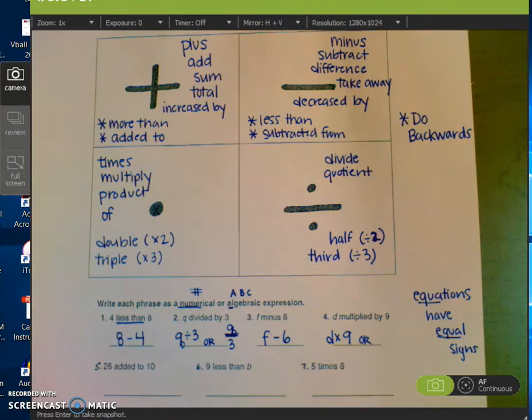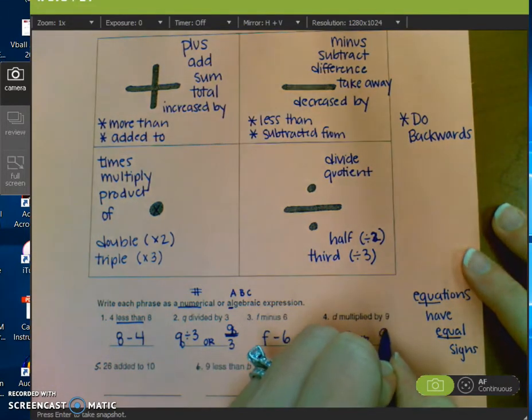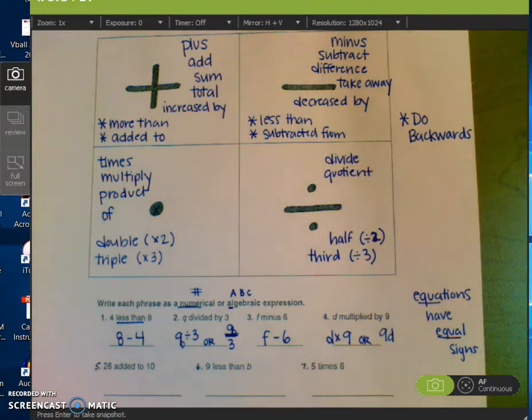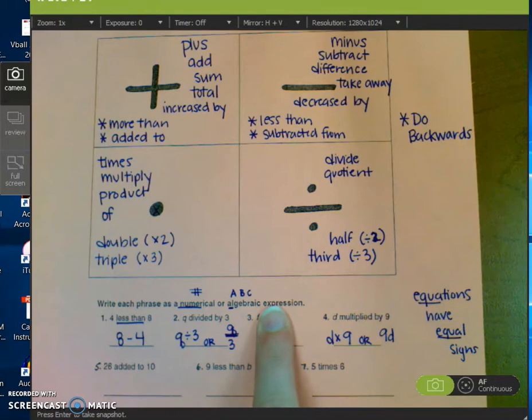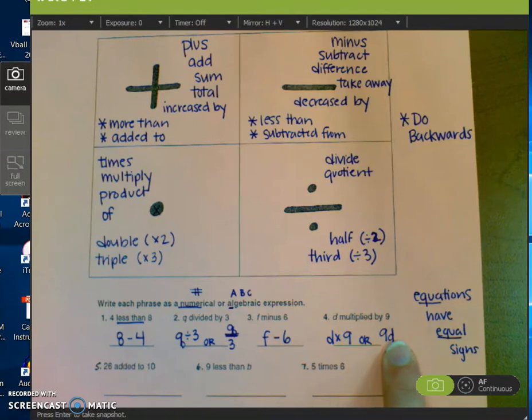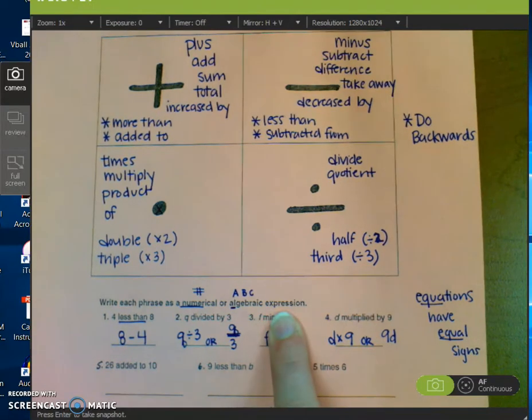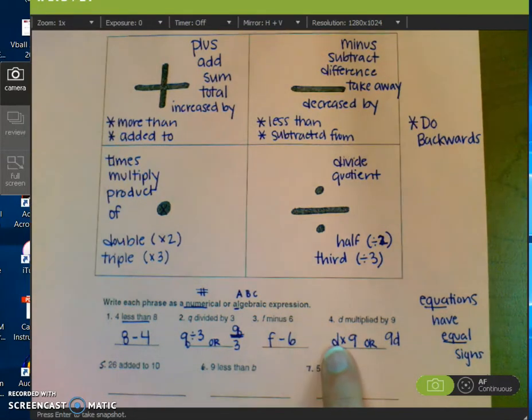When we have a variable and a number that are being multiplied, we can put the number in front and next to the variable, and that means to multiply. So 9D means that we're multiplying 9 and D. That is another algebraic expression because it has a letter D. Both D times 9 and 9D are algebraic expressions. They don't have an equal sign, so they're expressions. They have a letter, so they're algebraic.